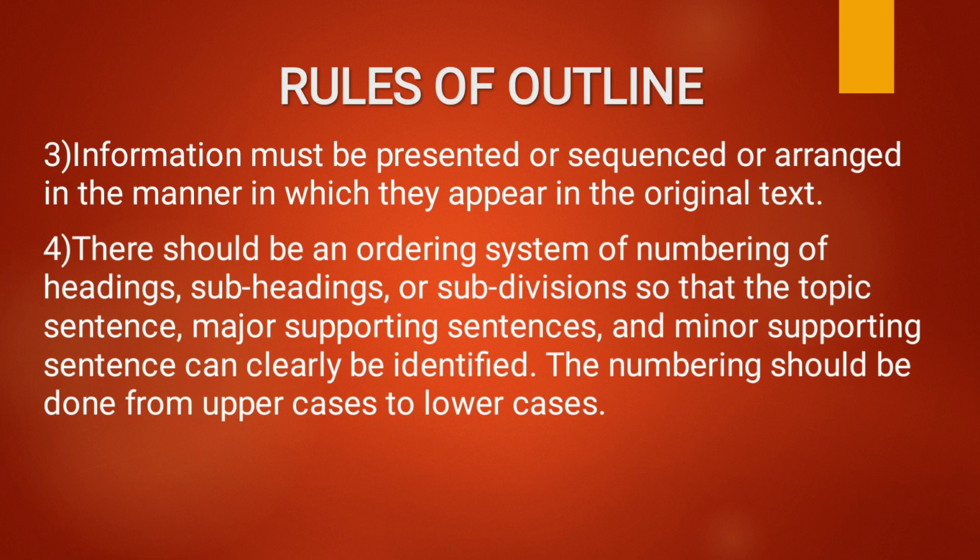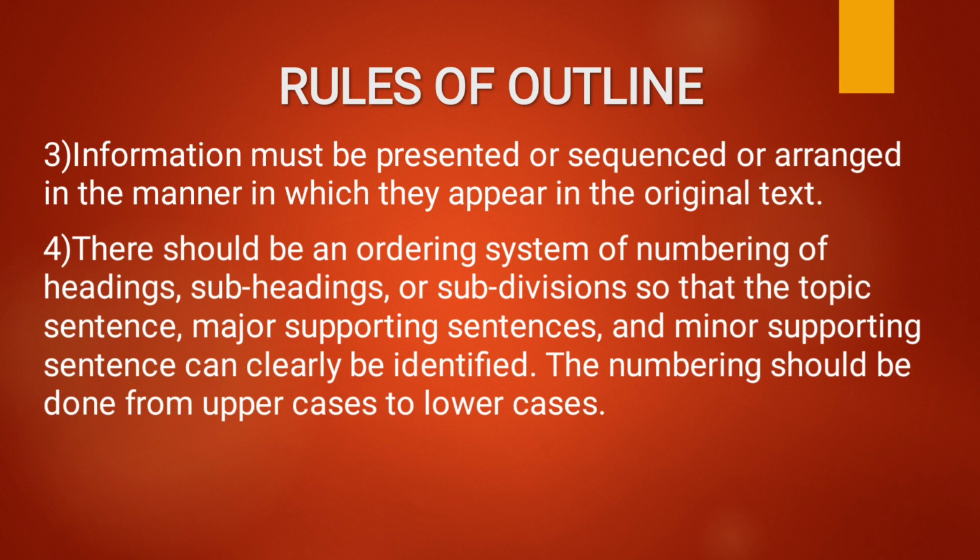So for the topic sentence, you can start with 1. Then at the back of your mind, or you jot it elsewhere, you put it in your mind that all topic sentences in the passage, you will label them 1.